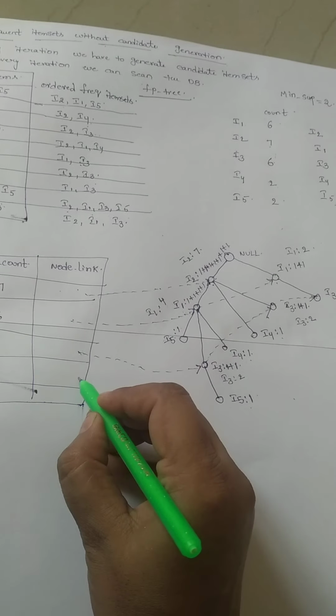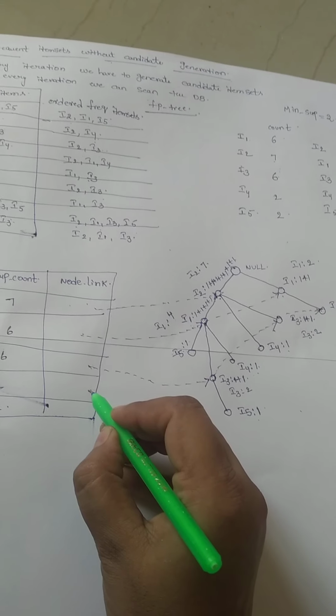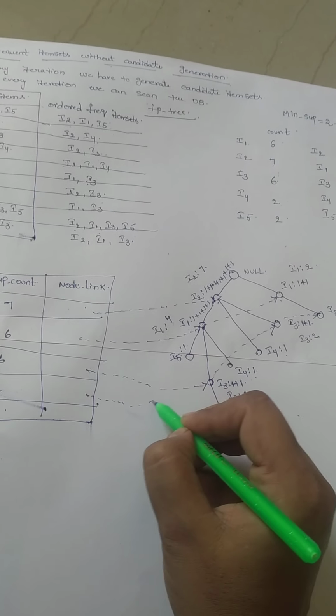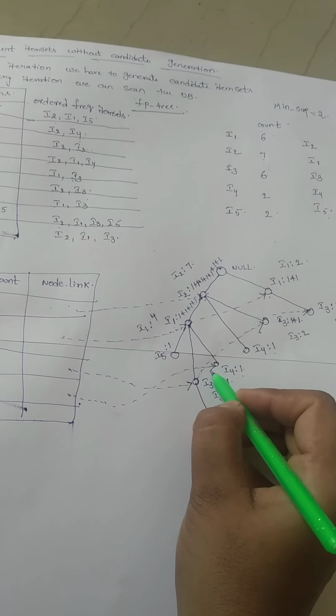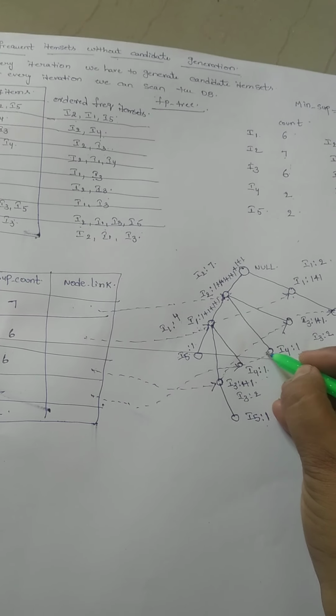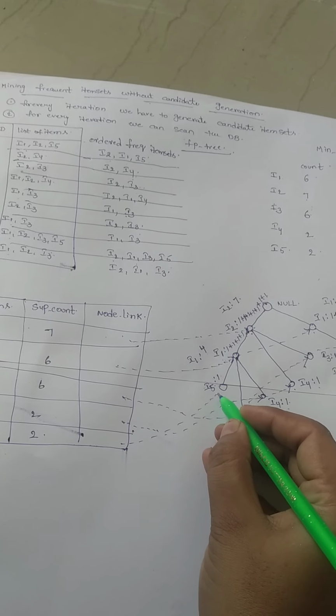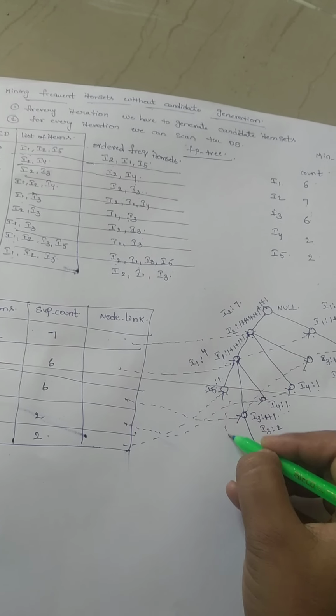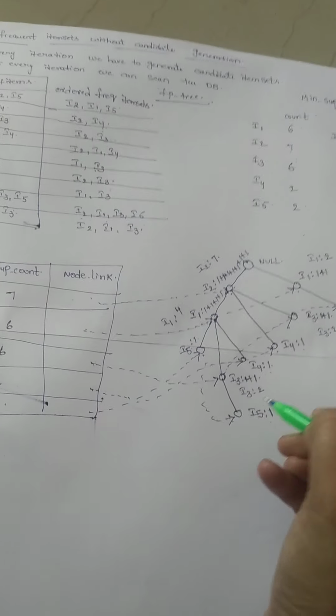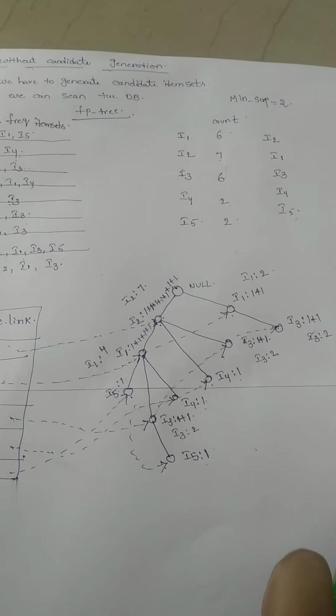And next one I4, I4, and here I4. Last one I5, I5 and I5. This is the tree.